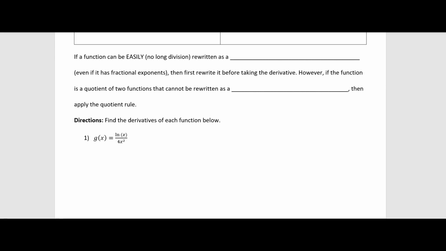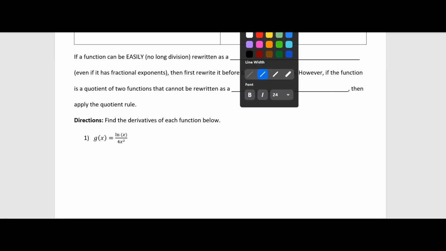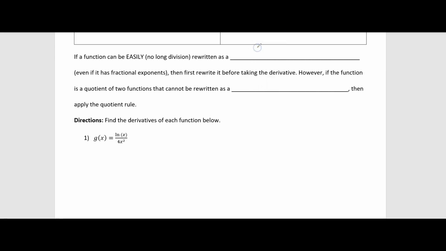Okay, so if we can rewrite the function in polynomial form, or in something that's not quite a polynomial, but where we can easily apply the power rule. So a polynomial is not going to have fractional exponents, but we can apply the power rule to something like this.